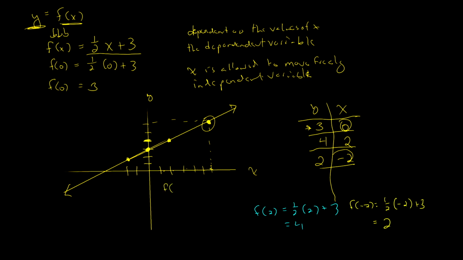So we put f of 6 in. And so I get 1/2 times 6 plus 3, or 3 plus 3, which is equal to 6. And 1, 2, 3, 4, 5, 6. Hey, that is the point 6, 6. So anything on this line is this function.